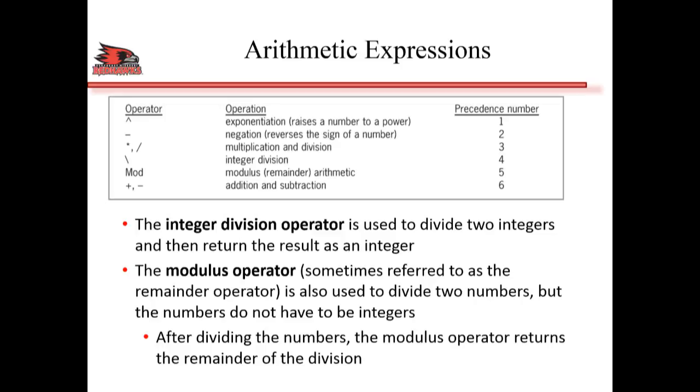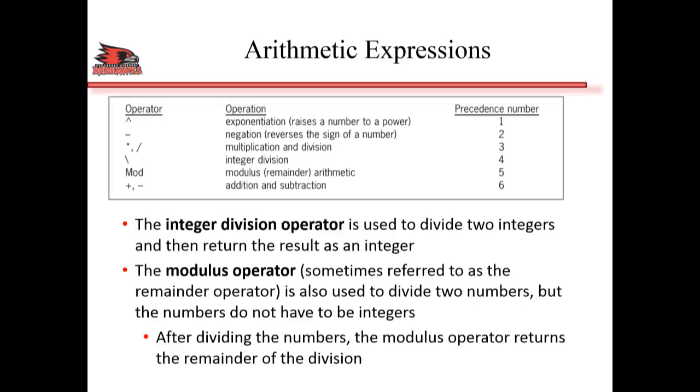We don't use the X sign for multiplication, we use star, and the slash, I think this is called probably backslash, for normal division. For integer division, this is a special case now.